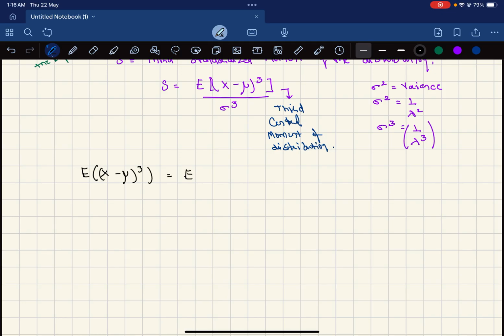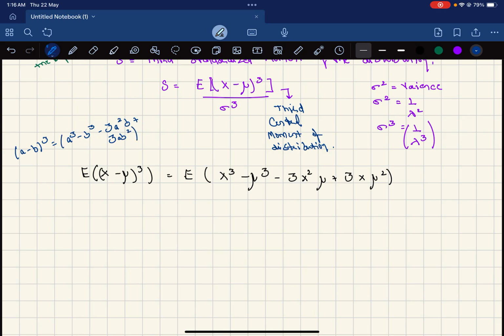This is given as the expected value of x cube minus mu cube minus 3x square mu plus 3x mu square. Why is that? Because we use the algebraic identity (a minus b) whole cube is given as a cube minus b cube minus 3a square b plus 3ab square. So that is what we used here to expand this expected value operation.